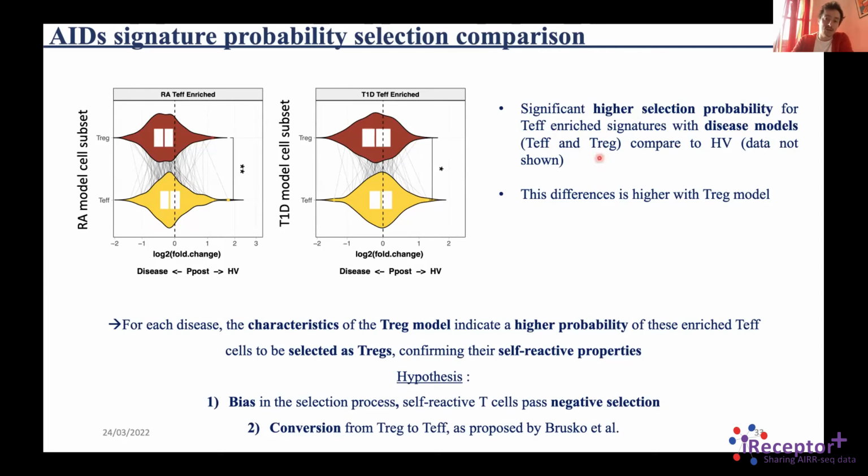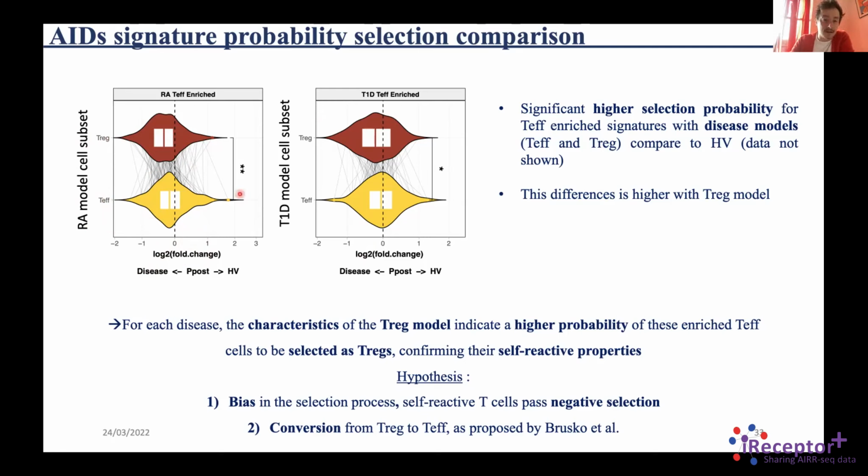So we select these two significant difference values, and we compute the fold change between these two probabilities of selection, and this is represented here. So here you have the fold change between the healthy volunteers and the diseased patients for the TF model of RA patients, the same here for the Tregs RA patients, and also here for the T1D patients.